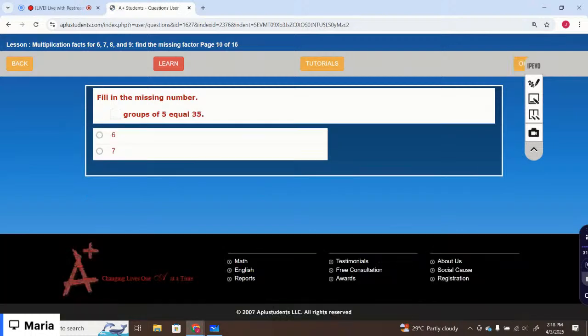How many groups of 5 equal 35? Which is the correct option?